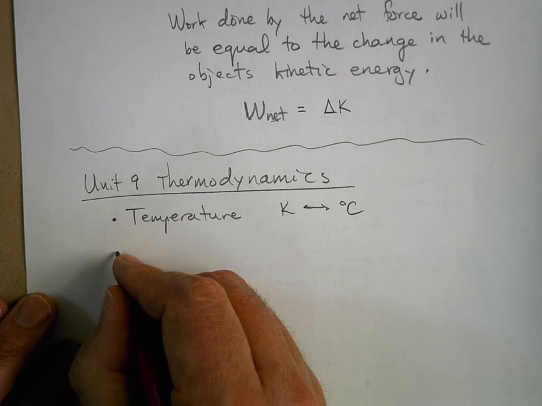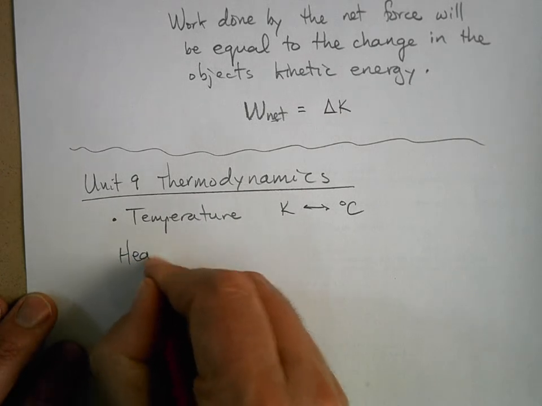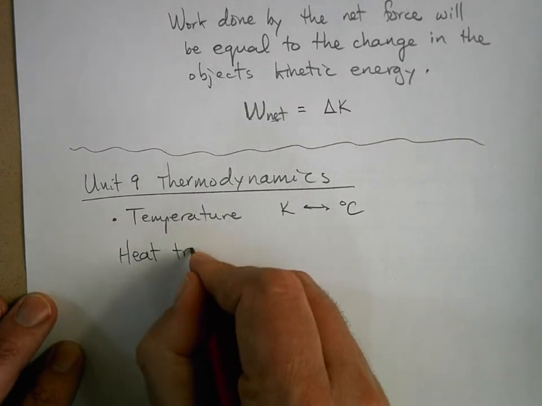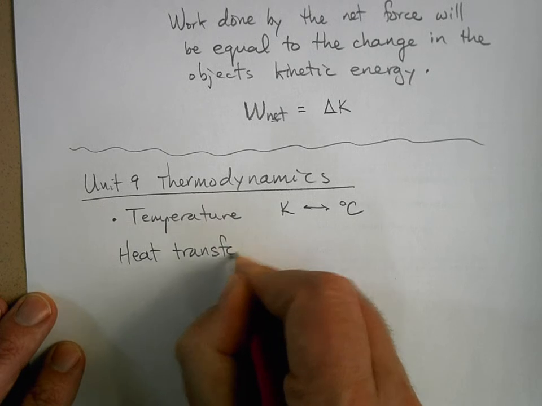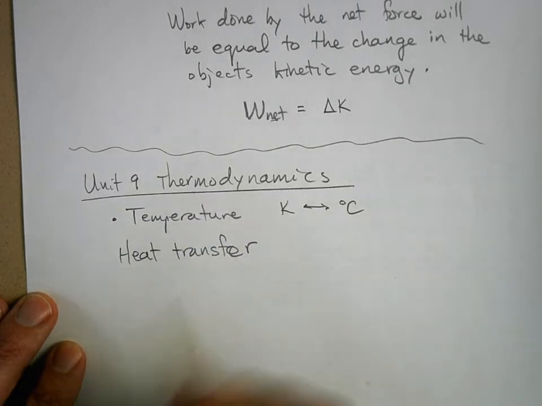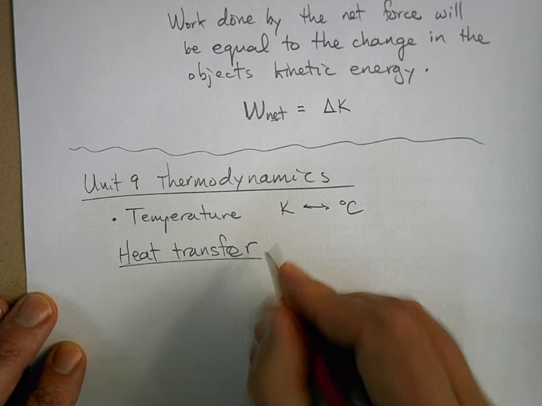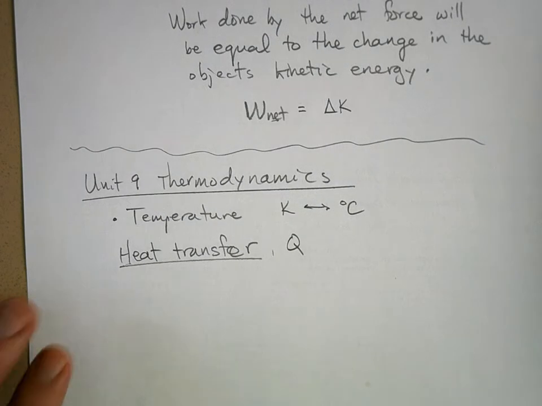Then we're going to talk about heat transfer, which we call Q. Now, heat is when I'm transferring thermal energy. Thermal energy is the energy due to the vibrations of atoms and molecules.